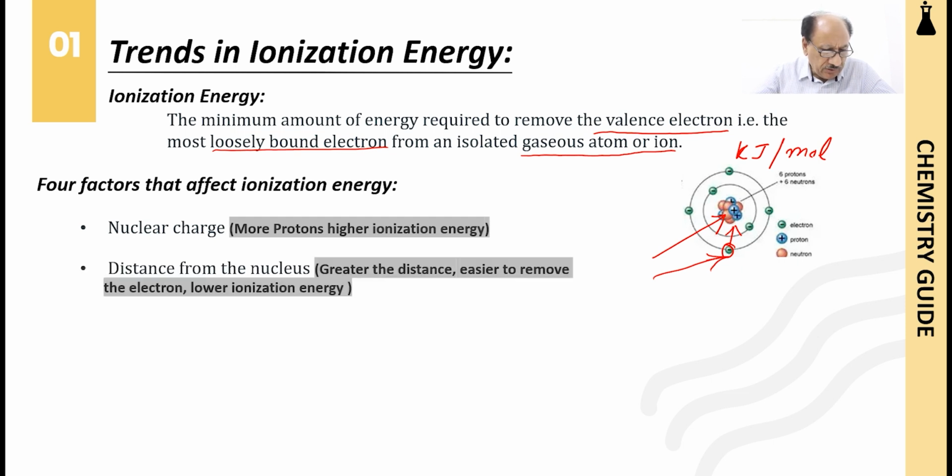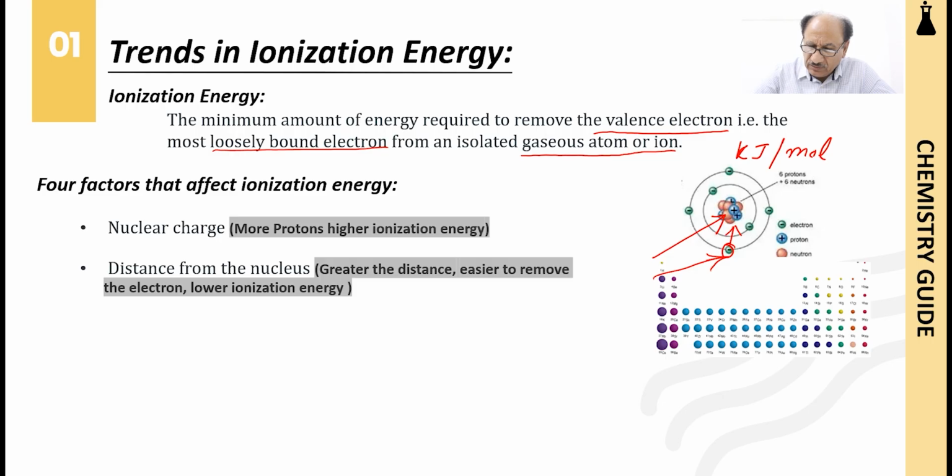The second point is distance from the nucleus. If the distance is more, then it will be easier to knock out that electron, because it will be under lesser influence of the nucleus. So ionization energy is lower if the distance from the nucleus is higher.